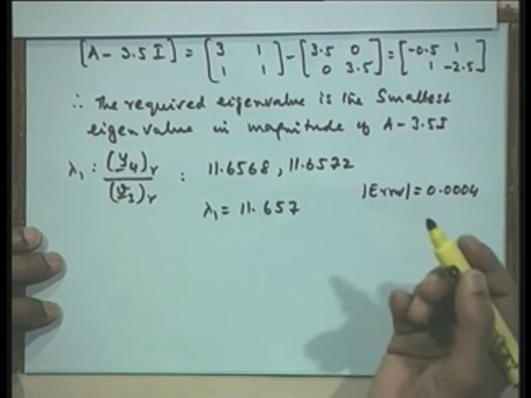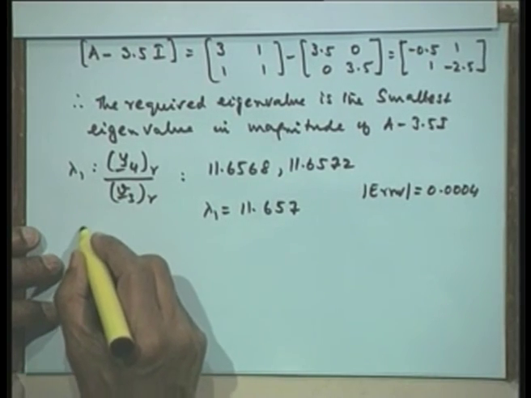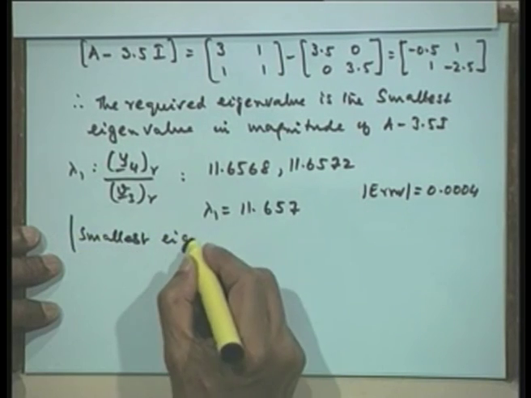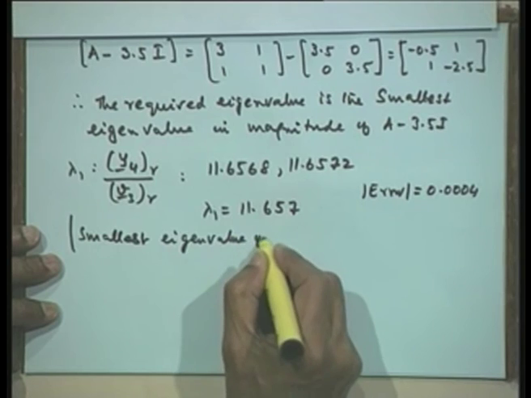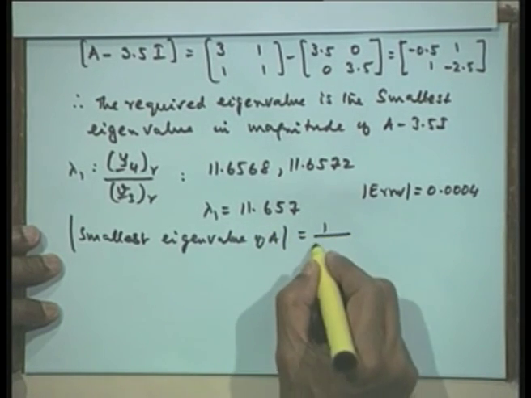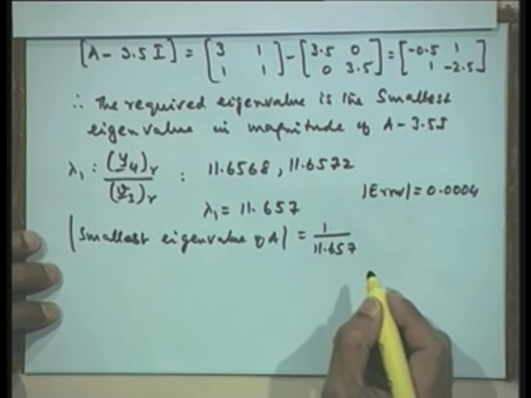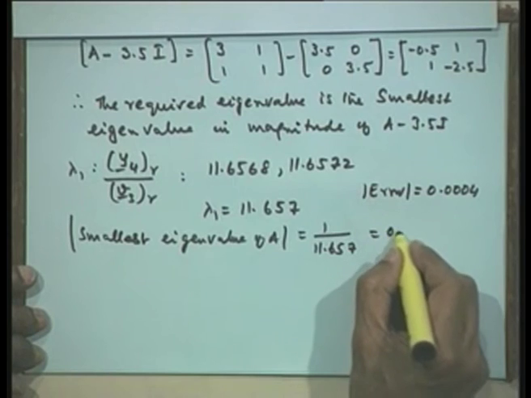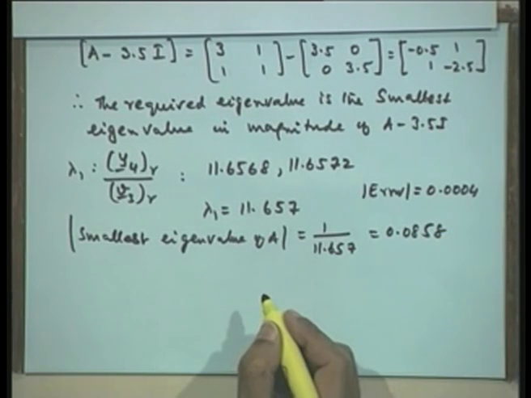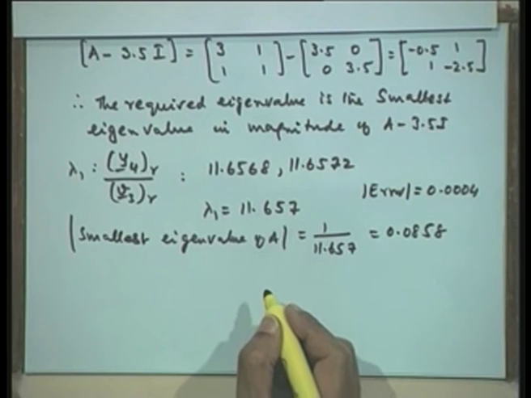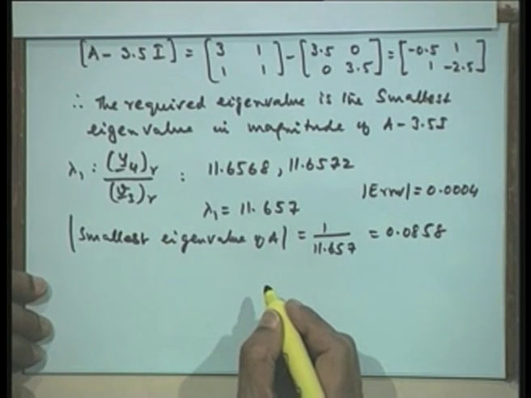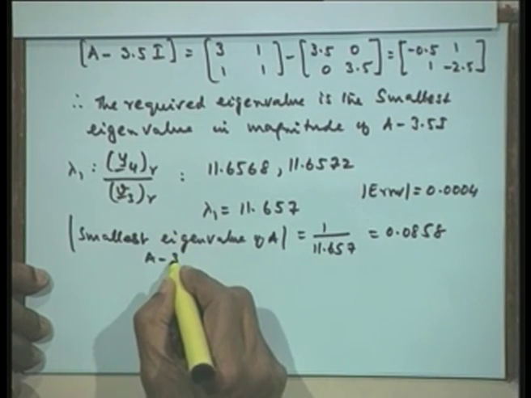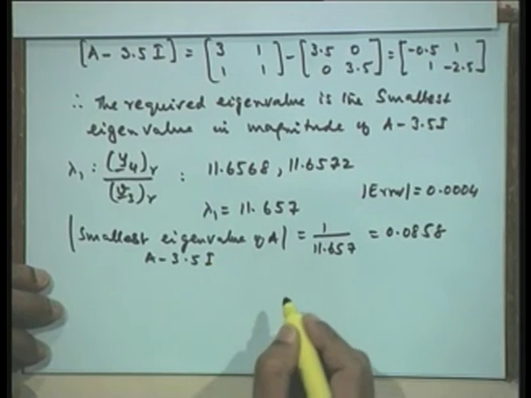Therefore, its inverse will be the least eigenvalue of A inverse. Therefore, the magnitude of the smallest eigenvalue of A minus 3.5 I is 1 upon lambda, that is equal to 0.0858.